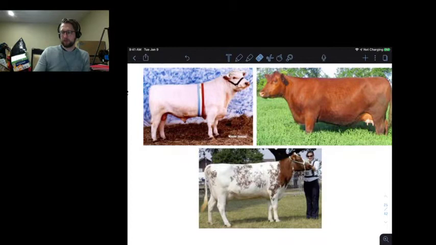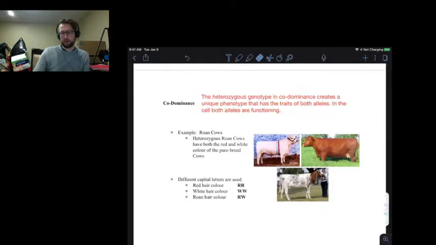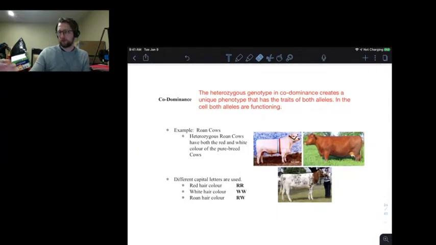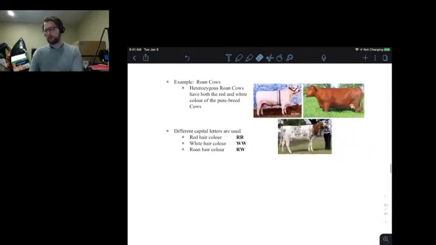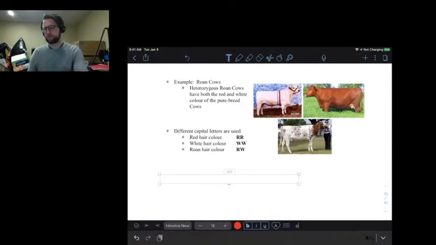Another example of this is human blood type. The human AB blood type.